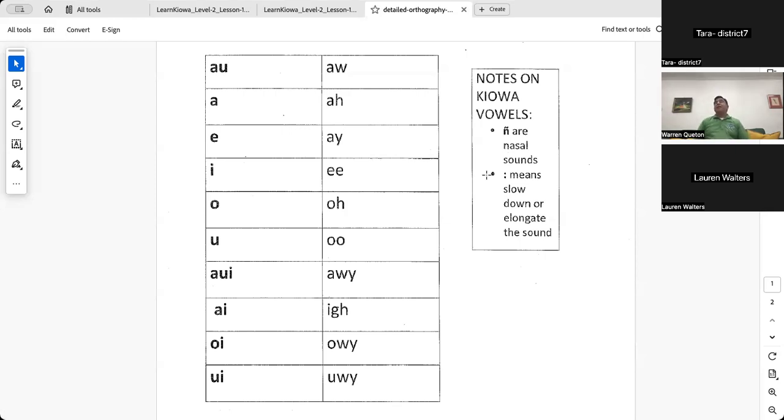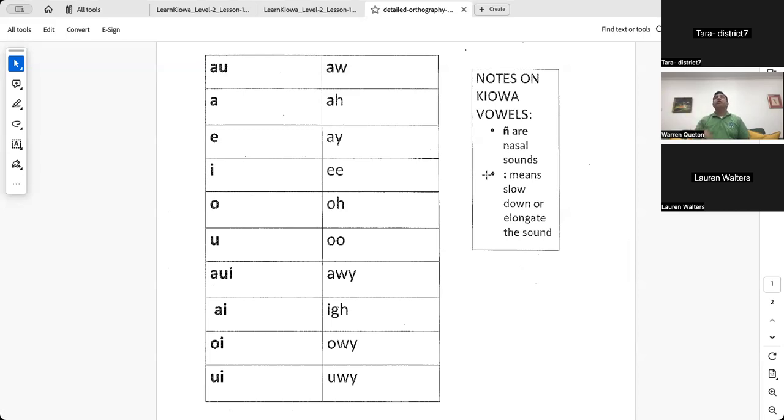The A by itself makes the sound ah. If you say ba or ga, it makes an ah sound. So the A by itself is just ah. The E sound makes the sound A, as if you're saying the letter A. Everybody can repeat after me if you'd like.